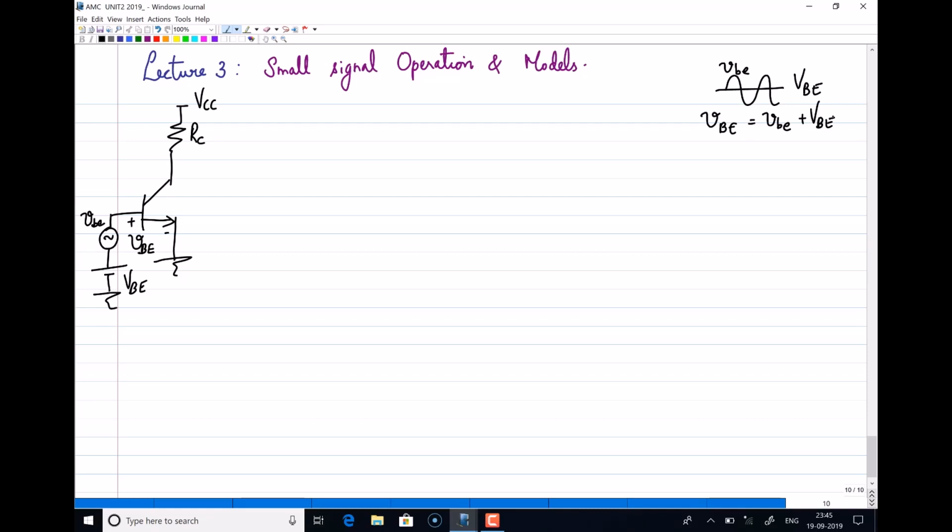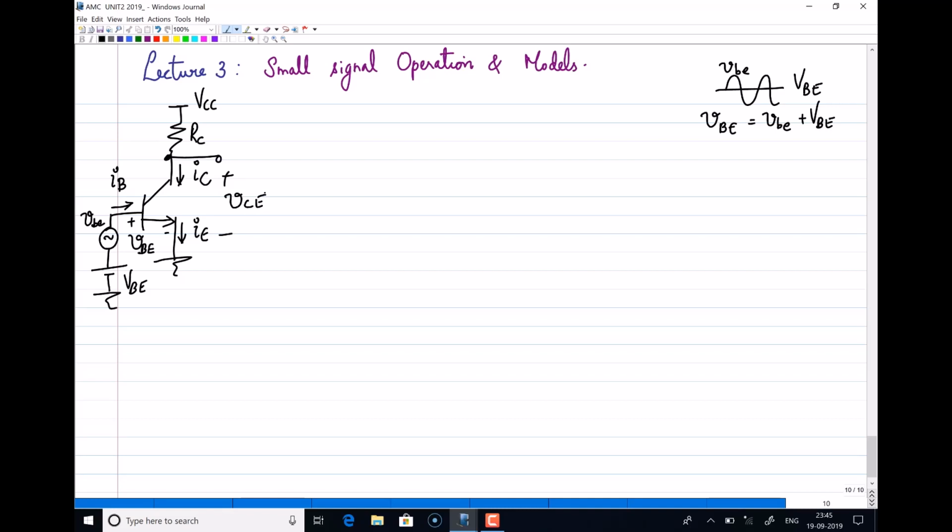When I do this, you will have currents: the emitter current, the collector current and the base current. This is the picture of a transistor biased on the input side using VBE, and on the output side using a resistor RC from a supply VCC. Here we have a voltage called VCE.